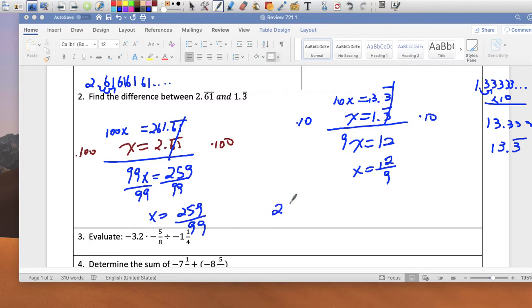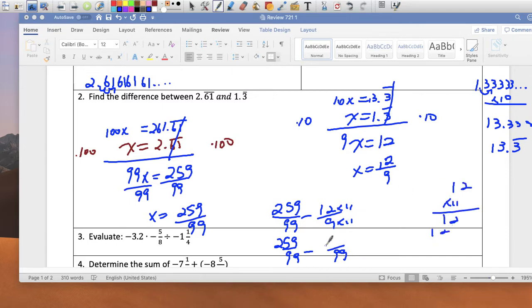And then let's subtract those two. 259 over 99 minus 12 over 9. We need to find a common denominator, which is 99. No changes necessary on this side, but here it's times 11, times 11. 12 times 11 is 132.